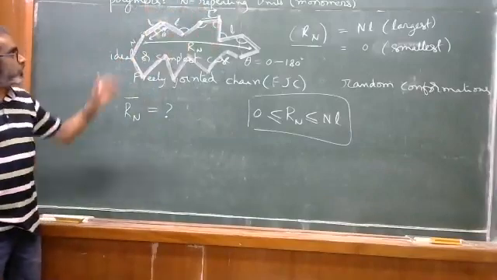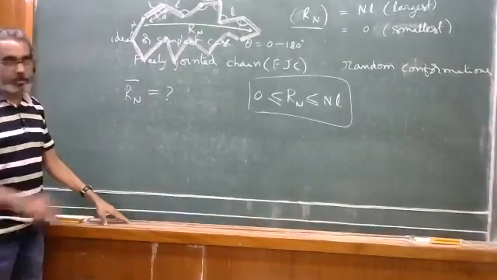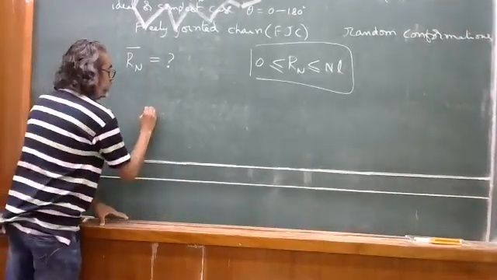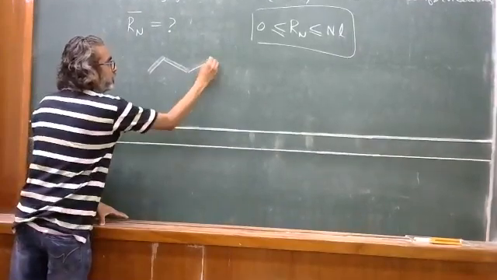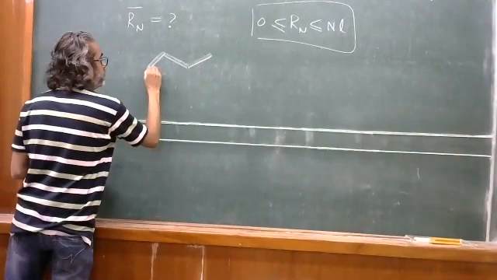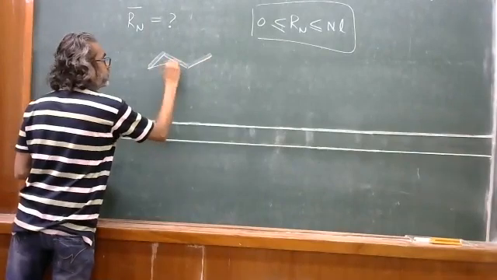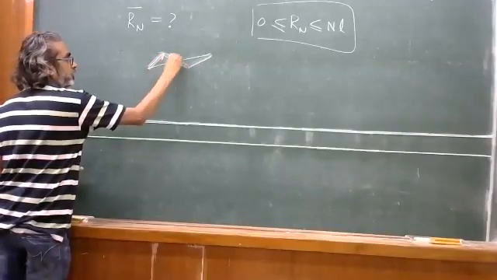If you project these lengths, let's say I take a primer, then my end-to-end length is this. This is one vector, this is another vector, and this is another vector.